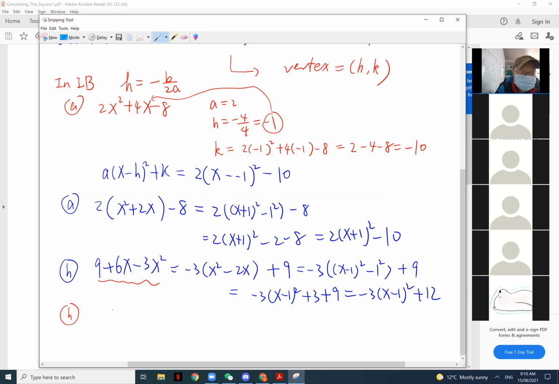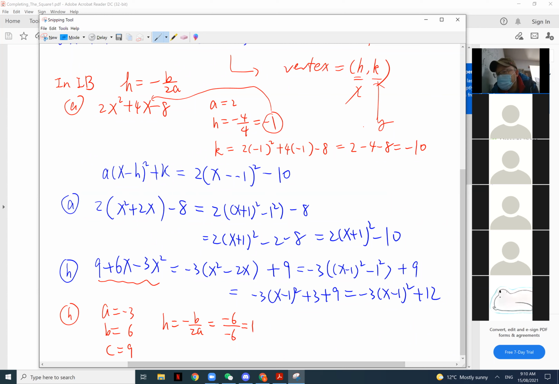For this question, a equals -3, b equals 6, c equals 9. h just equals -b over 2a, which is -6 over 2 times -3, so just 1. That's the first step. h is the x value. We need to calculate k. k is the y value.